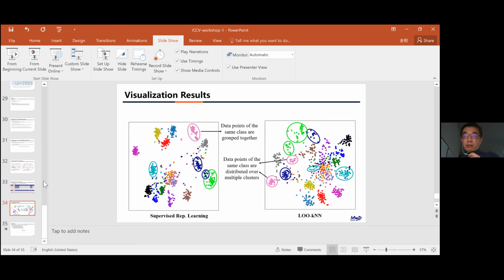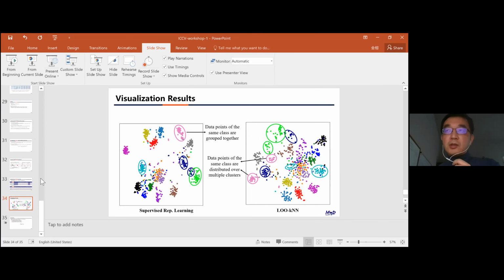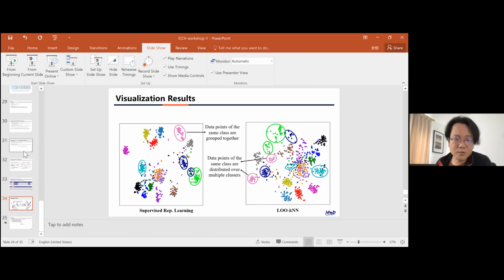Then you're going to have a very high accuracy of classification, which will lead to a very low loss function. So it only requires its neighbors to belong to the same cluster. It does not require all the data points to be from one tight cluster. Do I make sense? Yeah, understood now.